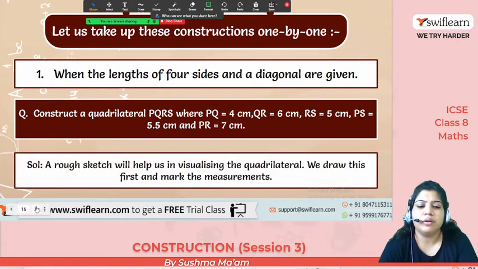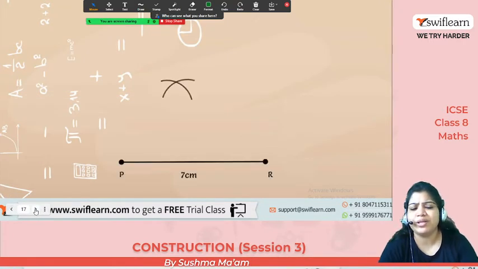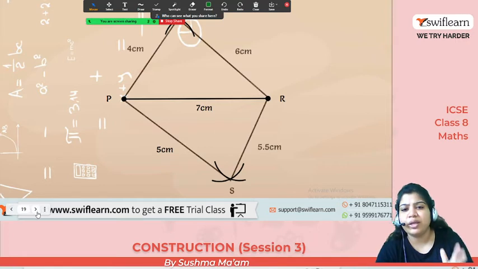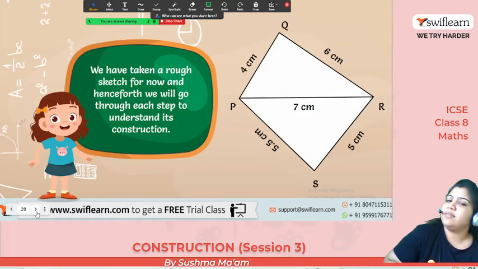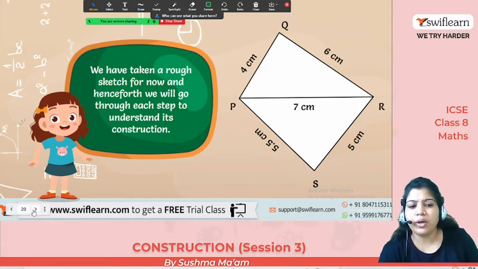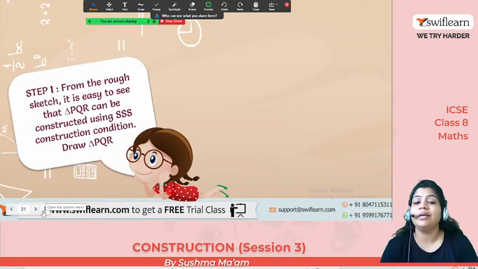Here we have to draw a rough sketch first. Here this solution is given, but you will not be able to understand which one is correct and which one is not. So in that case, always draw a rough sketch and then start your construction. So this is the rough sketch. Now the first step is to draw the diagonal.